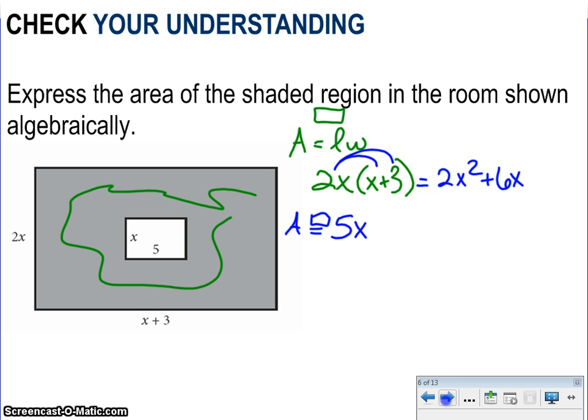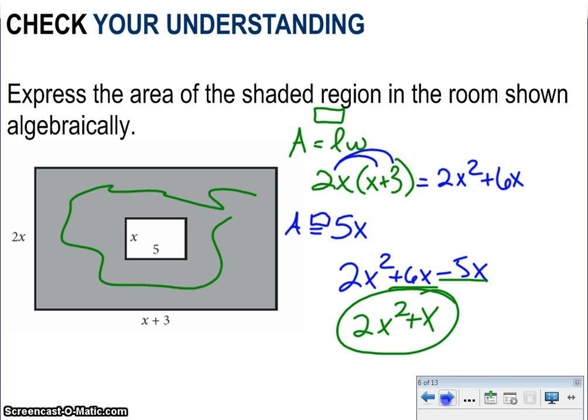So we end up with 2x squared plus 6x minus the 5x. My like terms are identified here as a positive 6x and a negative 5x. So we end up with 2x squared plus x, and that's our final answer.